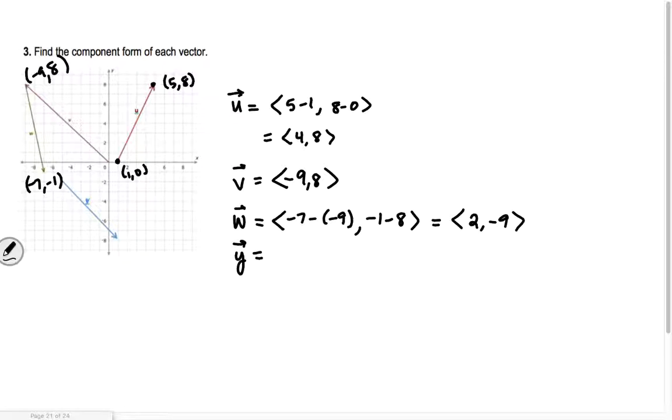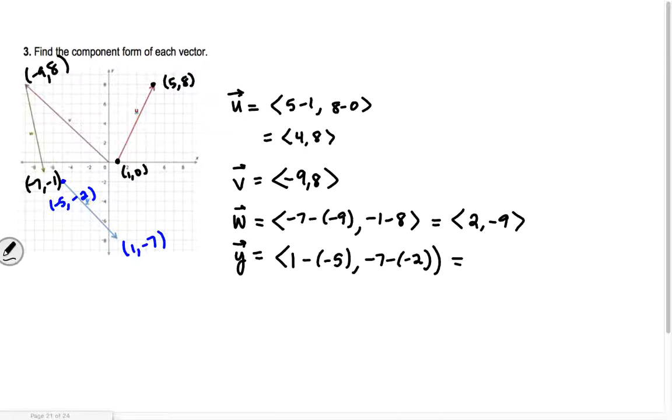And then I don't know where Y is. Let me look. So negative 5, negative 2. Let's see, so we get 1 minus a negative 5, and then negative 7 minus a negative 2.